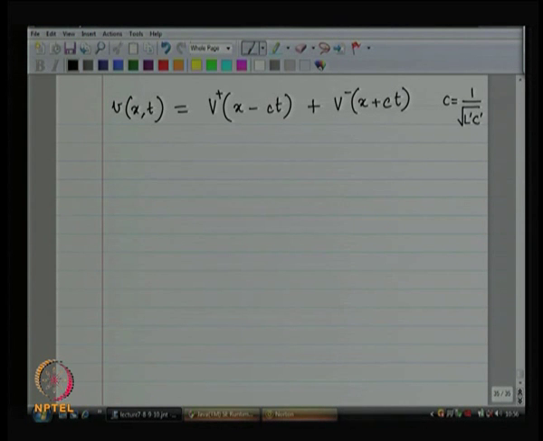So, C is kind of similar to the speed of light, it is basically the speed of the wave propagating over the wire. If you do your computations correctly, then L prime and C prime should give you the speed of the wave, and the speed of the wave is going to be very related to the speed of light.